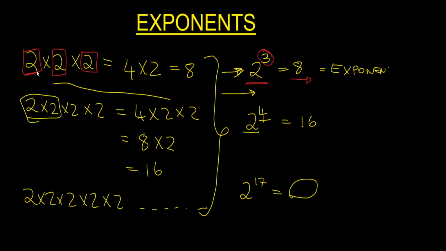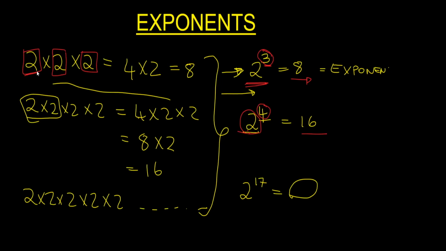So 8 is the result of multiplying 2 3 times. The same thing goes here. We have 2, we multiply it by itself 4 times to get 16. So that is what exponents are, a form of writing a special kind of multiplication, that is multiplying a number by itself.